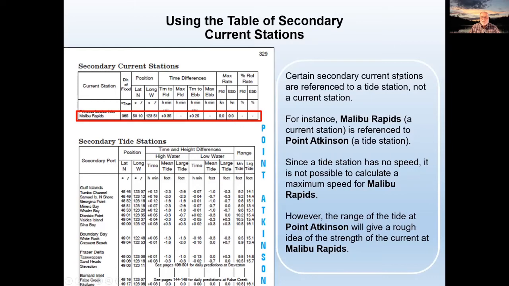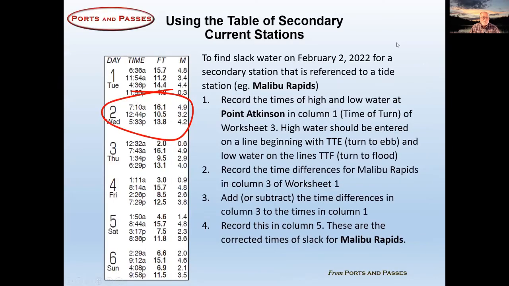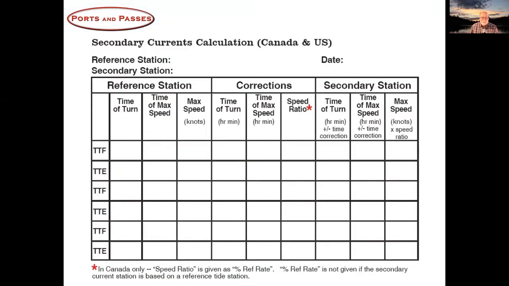So what we now do is, again, we go and get the information from Point Atkinson for the appropriate date. Having obtained our data, we simply enter it into the worksheet for current calculations: Malibu Rapids, Point Atkinson reference station, date, and the time of low water and high water at Point Atkinson.